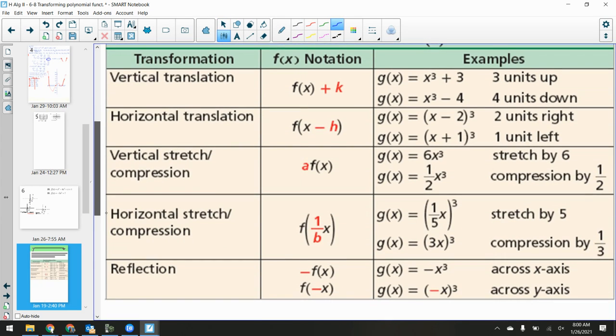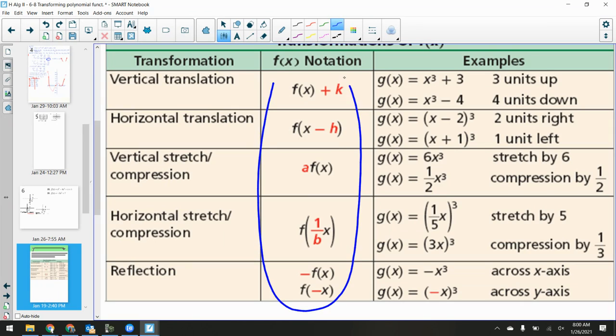Everything in this middle column is not new. We may have to dust off the cobwebs a little bit, but that should be in your brain somewhere, locked away. What's new is how we apply it to polynomials.